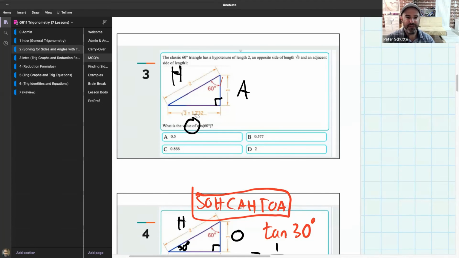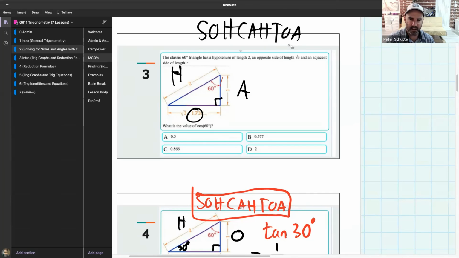If you want to find the cos of 60, then it's helpful to think about this acronym, which just tells us the ratios that go with different names. So for the name cos, I go up here and I see I have the sides A over H. Now that's A over H in a particular triangle, a triangle that has a reference angle of 60.